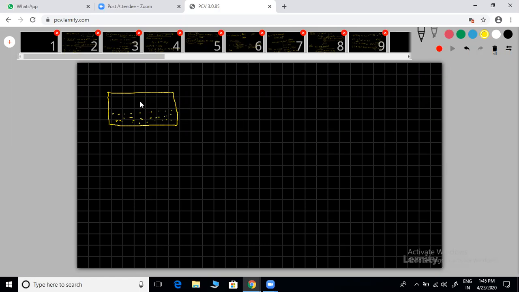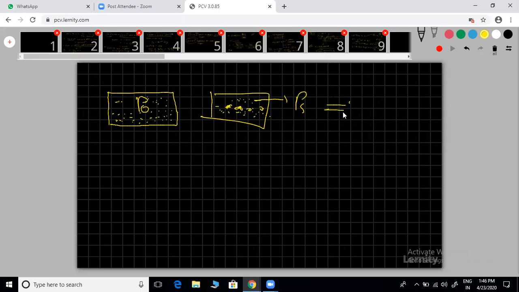So I am taking P naught for the pure solvent. It can evaporate very fast. By adding some non-volatile solute, the vapor pressure of the solution is PS, because some surface area is occupied by the non-volatile solute, so you can't expect as much vapor pressure here, but here more vapor pressure is there.